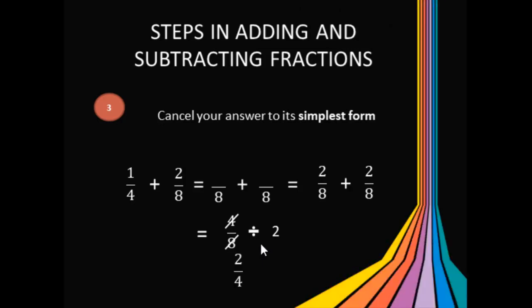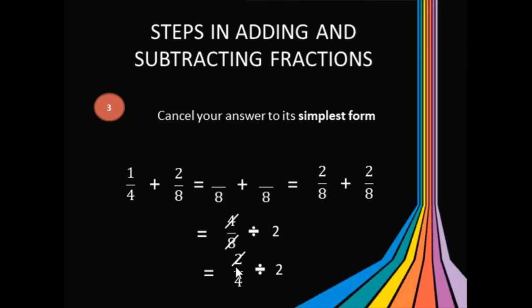So our answer is it 2/4 already? Is 2/4, 2 and 4 divisible by 2? Yes, so we cancel it again by 2. There, we get 2 divided by 2 is 1. 4 divided by 2 is 2. We get 1/2. So our final answer is 1/2. 1/2 is already in its simplest form.